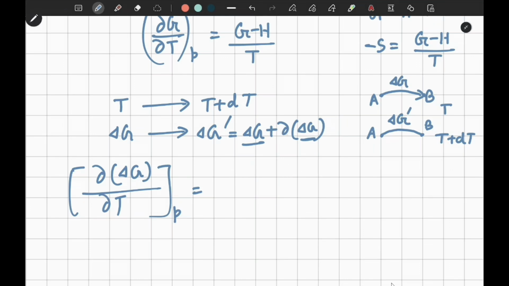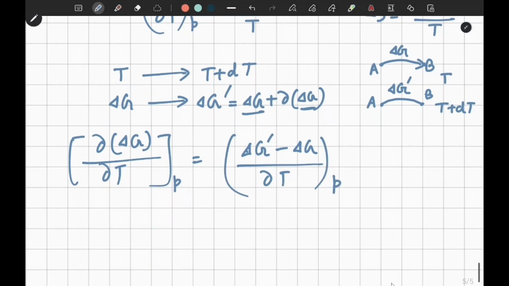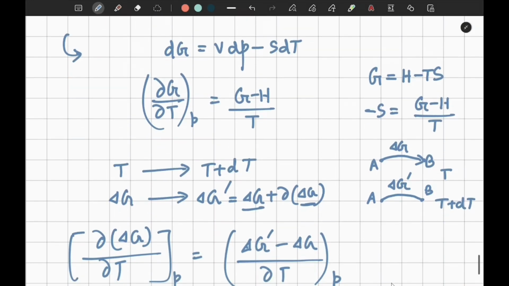Oh sorry, del G equals, just follow this. So dG prime minus dG divided by del T at constant P. I think it's clear because we are just taking the delta of delta G. This is the change in delta G. So yes, from this equation you can say it.